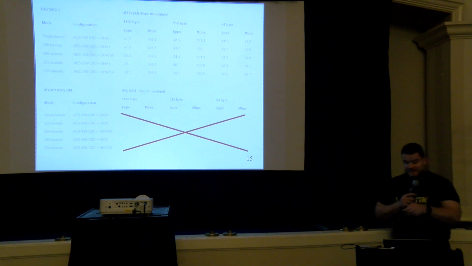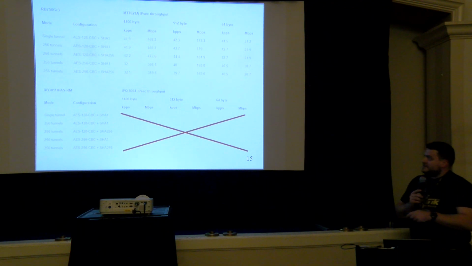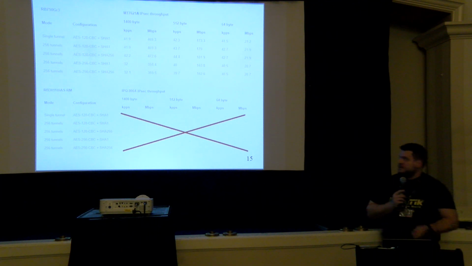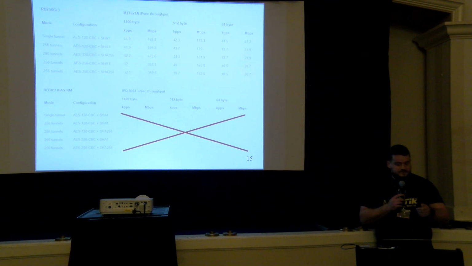So hardware accelerated 750 GR3 can actually handle up to 500 megabits with a single tunnel and this encryption over there. So that is the reason why the 3011 upgrade didn't work for Dave. He didn't look at the performance tables.